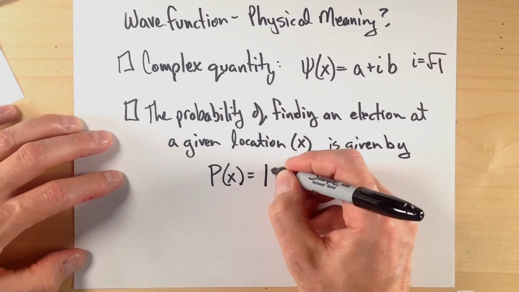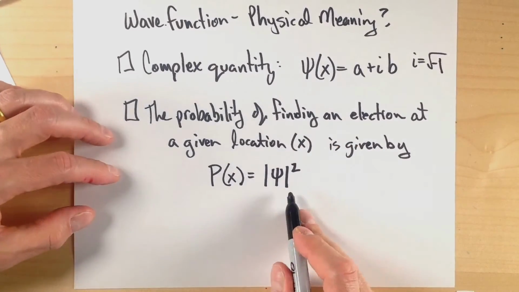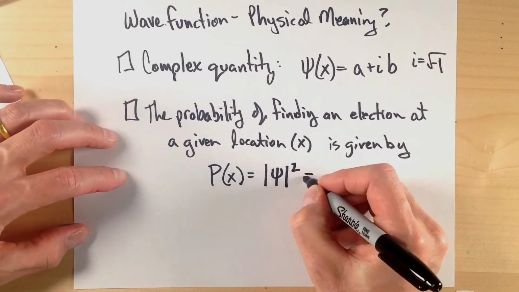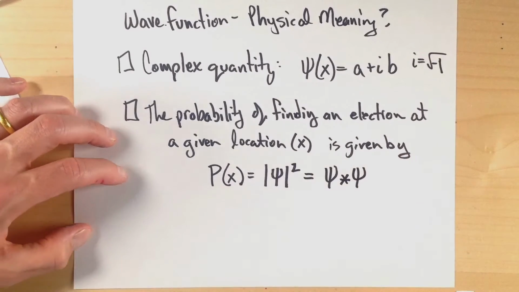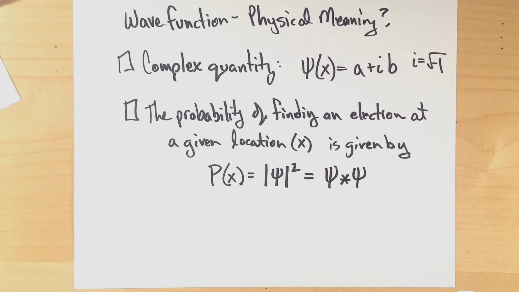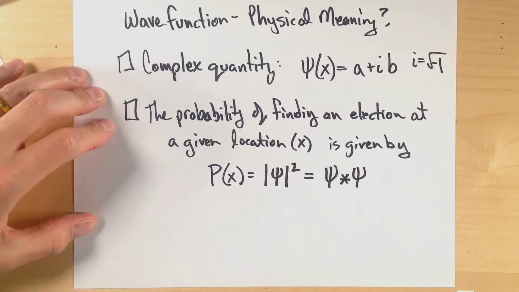And in particular, we can write the square as the square of the magnitude, and we can also say that it's the product, the complex dot product, of the wave function with its conjugate.